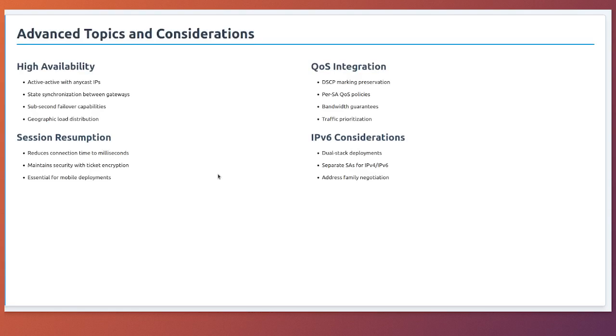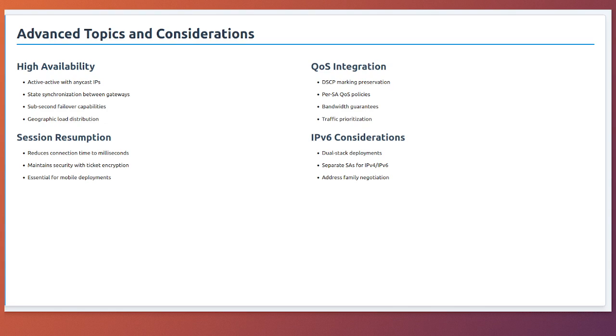Advanced topics and considerations. Let's delve into advanced topics that separate competent IKEv2 deployments from exceptional ones. These considerations often make the difference between a VPN that merely works and one that excels in performance, reliability, and security. Session resumption is an underutilized feature that dramatically improves user experience.